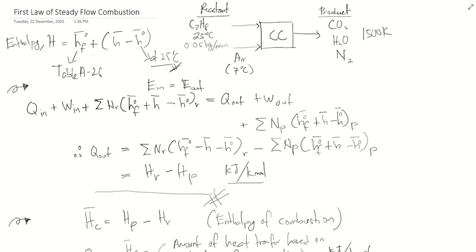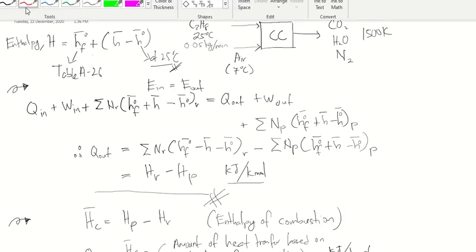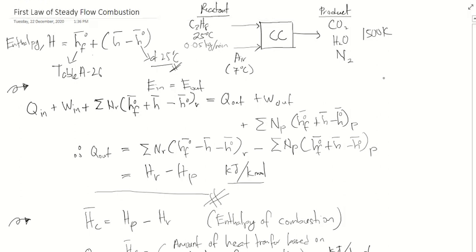So by balancing this equation and cancelling out the terms that do not relate to our problem, for example, we don't have any Q in. In our problem, we don't have any Q in. Also work: there are no compressors or turbines here, so since there's no work in, similarly there's no work out.